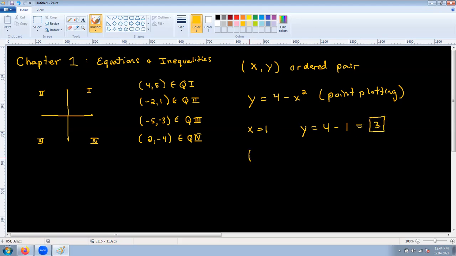And so now I have this ordered pair, which is (1, 3). With this, I can do this over and over with many of these x's, and then get a whole bunch of points, and then you can graph it.